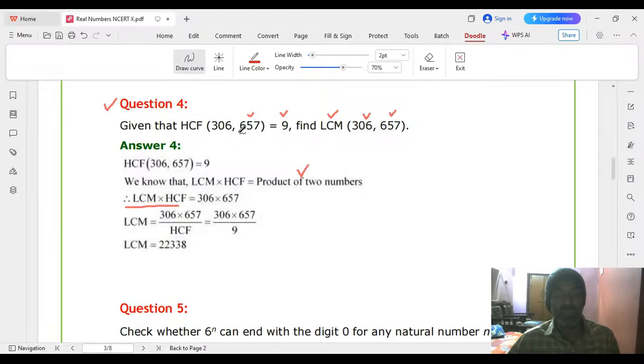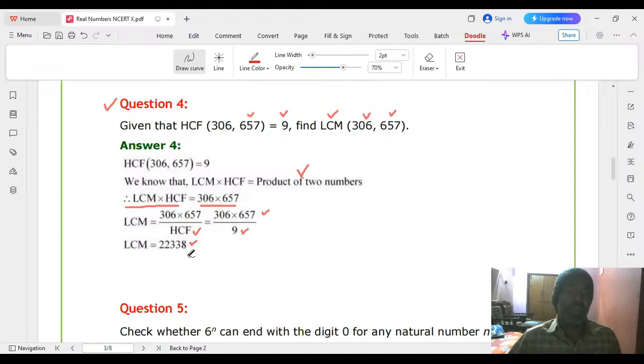So when the HCF moves to the right hand side, it is written in division. Now putting the value of HCF, which is 9, we multiply 306 into 657 and divide by 9, and then we get 22,338.